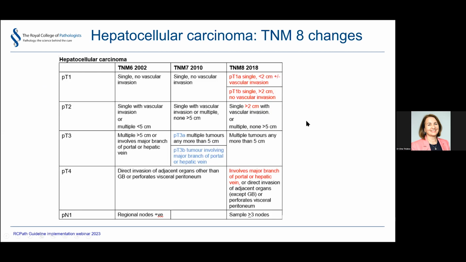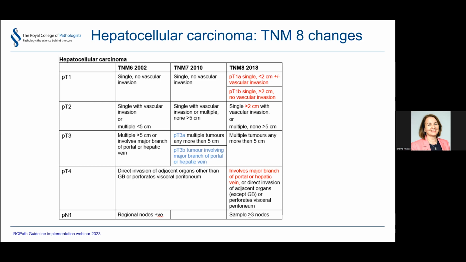The TNM8 changes that started to be applied in January 2018 refer mainly to PT1, which in the TNM8 is subdivided into PT1A and PT1B based on the presence of vascular invasion if the size of the tumor is less than 2 centimeters.